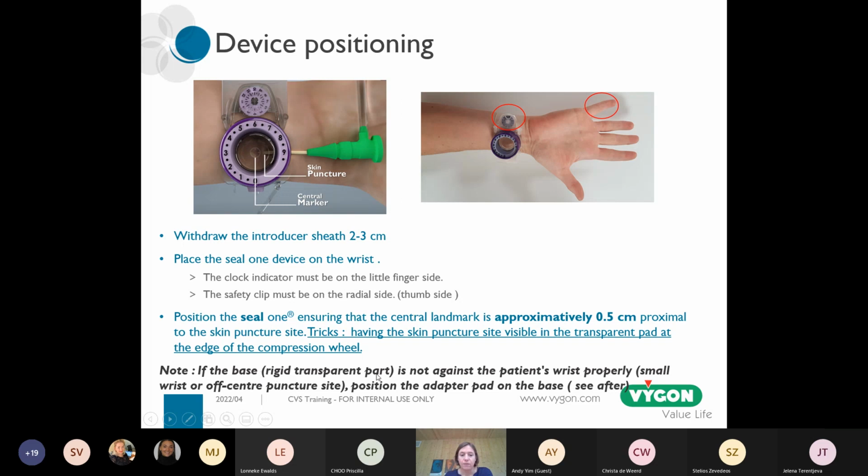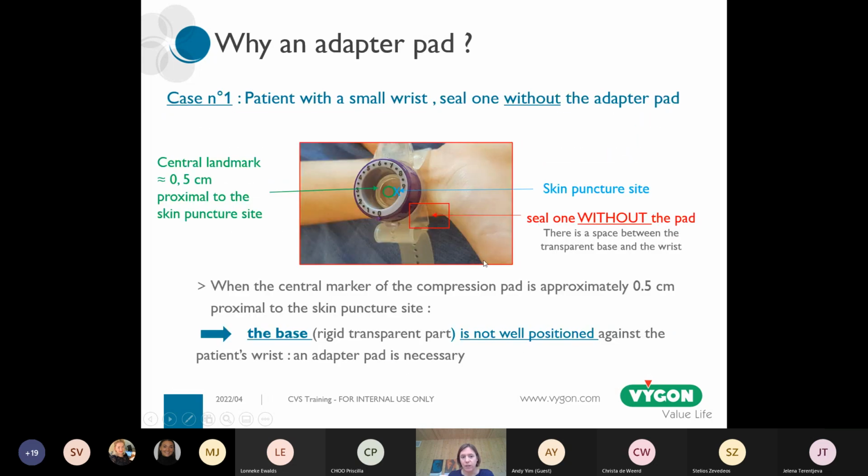And when you position the device, if the base is not against the patient properly, for example, here we have placed the central landmark at 0.5 centimeters proximal to the skin puncture site, but we see that there is a space between the transparent base and the wrist.